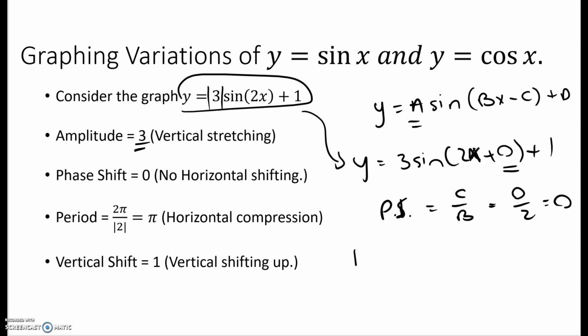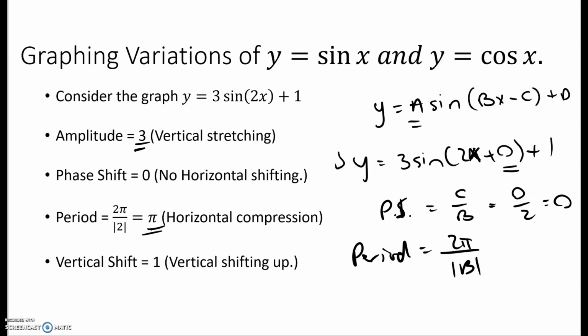Period is 2 pi over the absolute value of b. The absolute value of 2 is just 2. 2 pi over 2, well, the 2's cancel out and I just get pi. So that's the period for this function. And then last but not least, at the very end, this plus 1 is your vertical shifting, and it's going to go up.